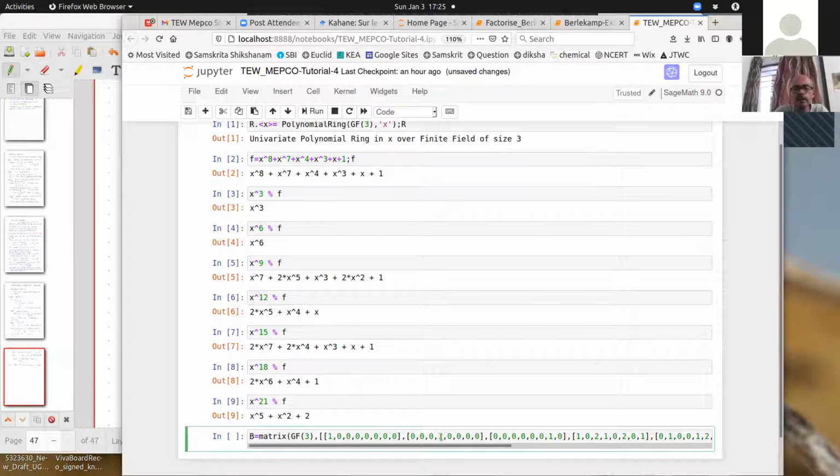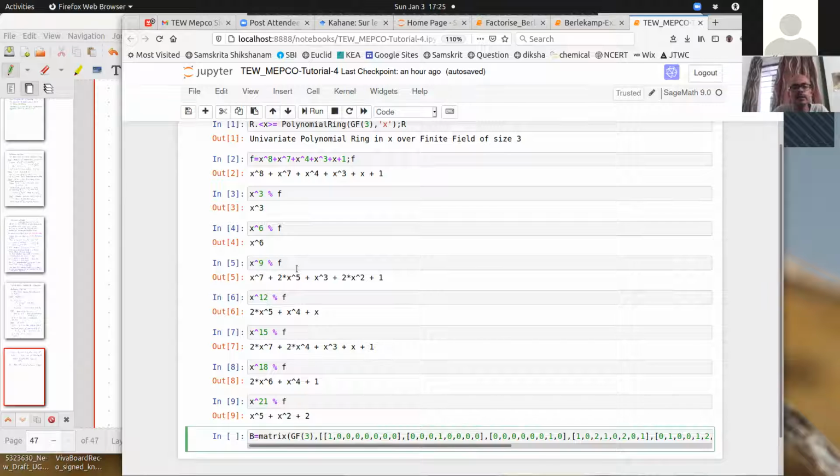We have 1 here because this corresponds to the 0th power, the constant term, then the first power, x square, x cubed, x to the 4, x to the 5, x to the 6, and x to the 7. So the next one is x to the 6, so we have a 1 here and 0 everywhere else.